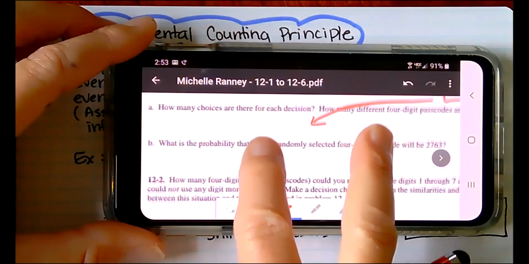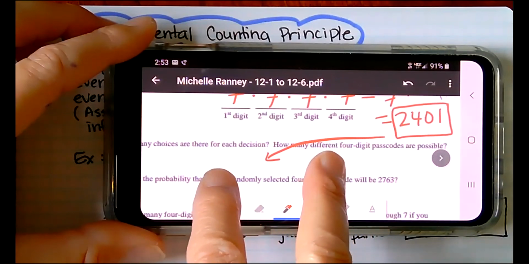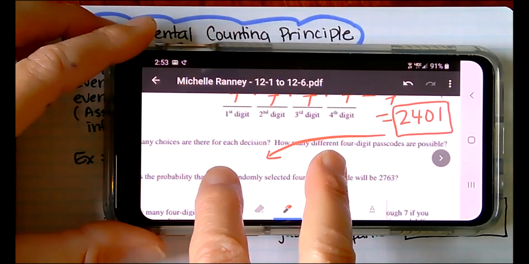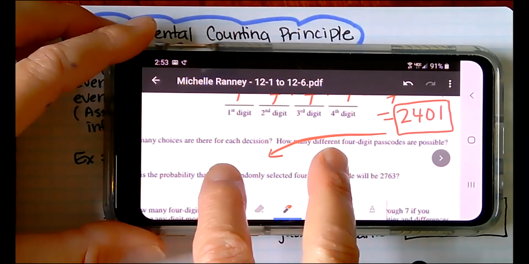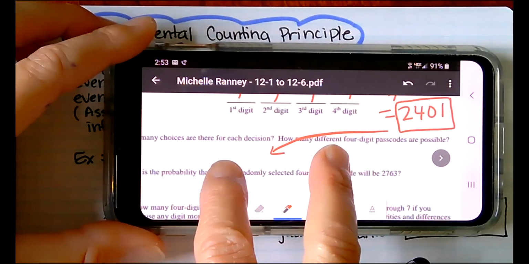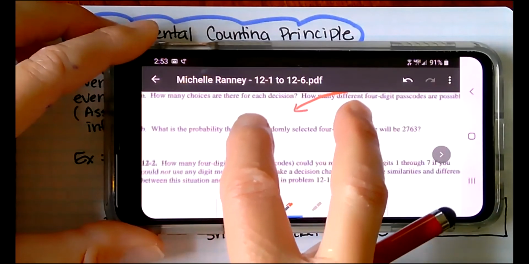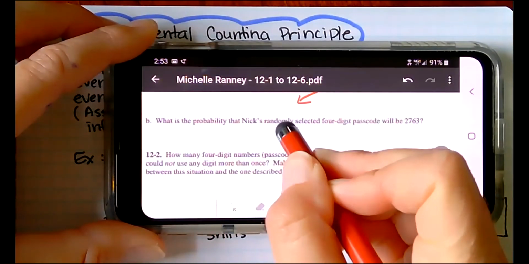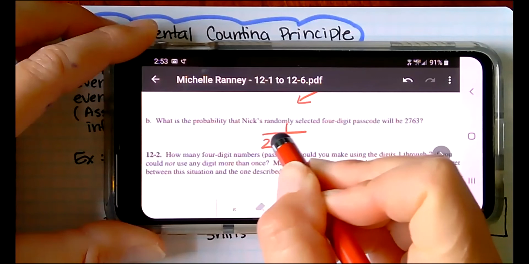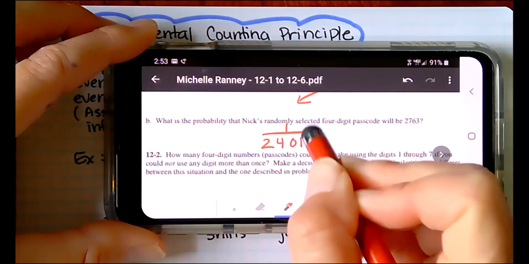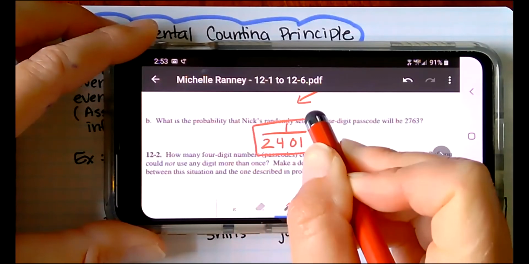So remember, he had 2,401 total possible passcodes. This 2,763 would be 1 out of that. So our answer is going to be 1 out of 2,401, and that's going to be our answer.